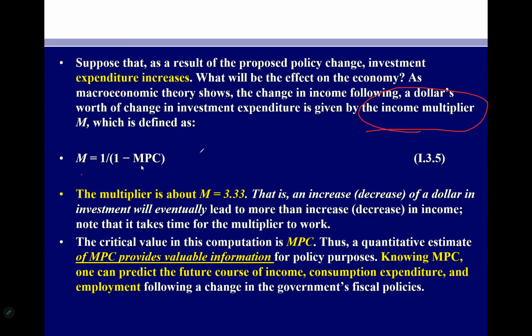It is equal to this equation. The MPC is beta 2, and the income multiplier is equal to 1 over 1 minus beta 2. With the value of beta 2 we estimated, the multiplier value is 3.33, which shows that if investment increases by $1, income will increase by 3.33.